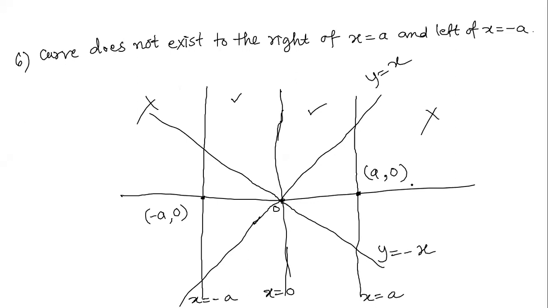The third condition is that curve must exist in the region between the 2 points. Yes, we have seen just now, curve exists in the region between the origin and the point A, and the line x is equal to 0 आणि x equal to a मध्ये curve exists होतो. तिन्ही satisfy झाले.